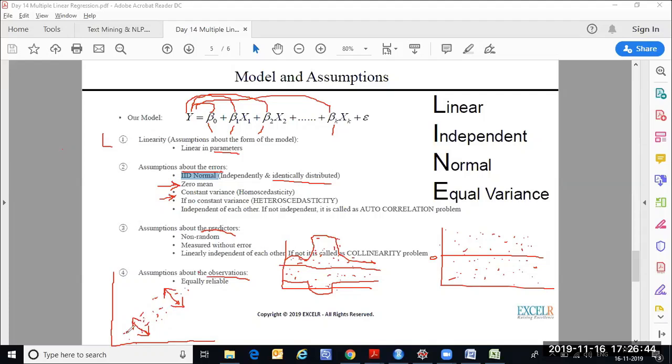So the spread of the data at the starting looks to be the same even towards the end. So the variance is constant. That is an expected behavior when you plot the errors. If the variance among these errors is constant, then you call that property homoscedasticity.